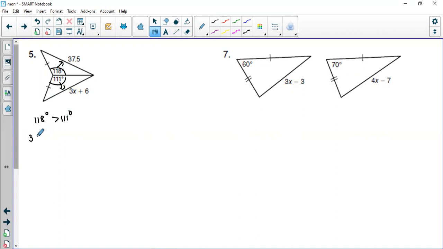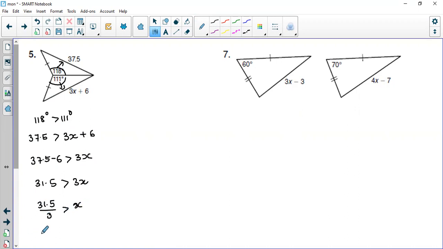So 37.5 is going to be greater than 3x plus 6. Just solve it. 37.5 minus 6 is going to be greater than 3x. This would give you 31.5 greater than 3x. So 31.5 divided by 3 is greater than x.